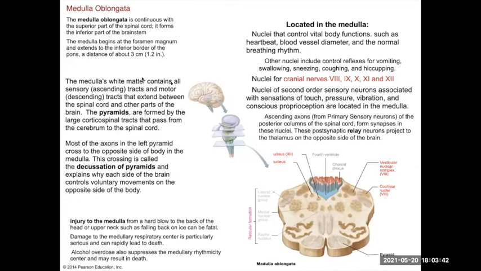So for your medulla, here's a bunch of words, I know, but I want to point out a couple of things. As far as gross anatomy, one of the prominent structures on the front is these descending tracts called the pyramids. Over here, corticospinal means it's coming from the cortex going down to the spinal cord.